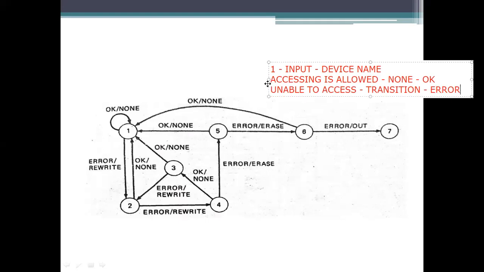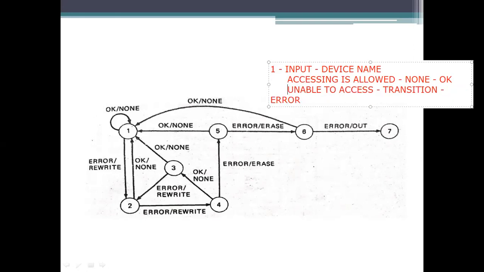So in this representation, it specifies an error. Whenever we get it, it has to rewrite, erase, or go out of service. Okay. But before performing all these things, we should update all the values here. Updations have to be done.